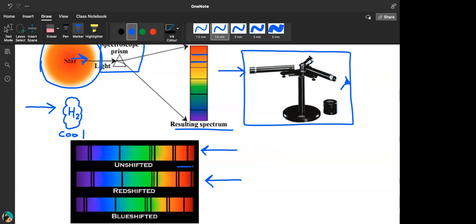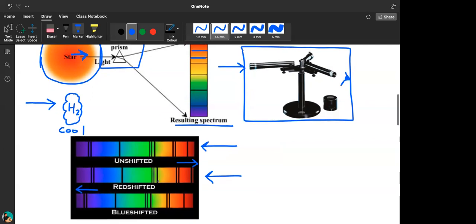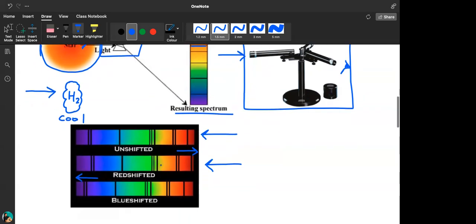This is towards the red end, so that means it's red shifted. If it's blue shifted, then this will be towards the violet side. So we found that most stars show the gap skewed to the right side. It shows that it is moving away from us.